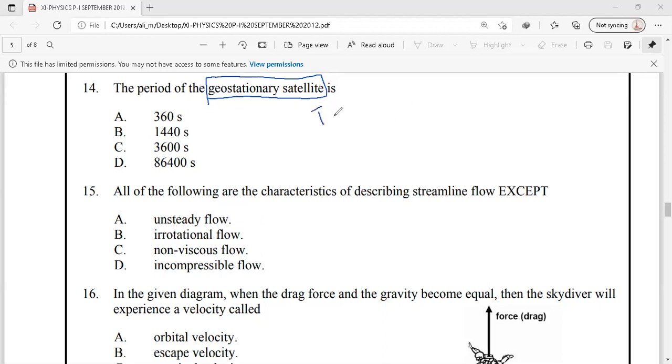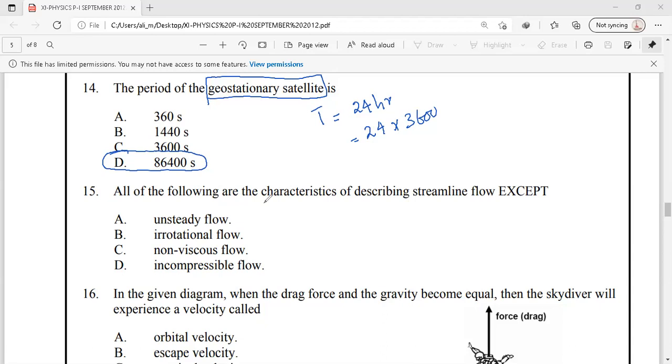So the time period of a geostationary satellite is 24 hours, and 24 hours converted into seconds is 24 times 3600, which equals 86,400 seconds. So this is the time period of our geostationary satellites.